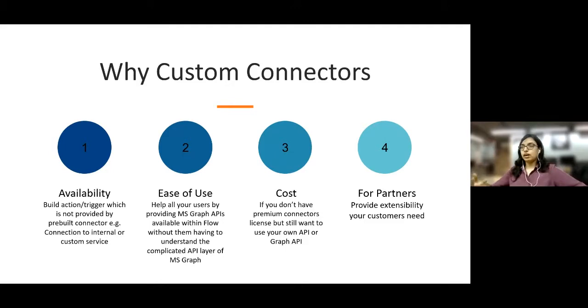Otherwise you won't be able to call Graph API, because the Microsoft 365 license does not include premium connectors, so you can't call Graph APIs using HTTP actions. But when you have a Microsoft 365 license, you can create one custom connector, and with that you would use Graph API. So at least for one scenario, you can use Graph API for your flows and Power Apps.